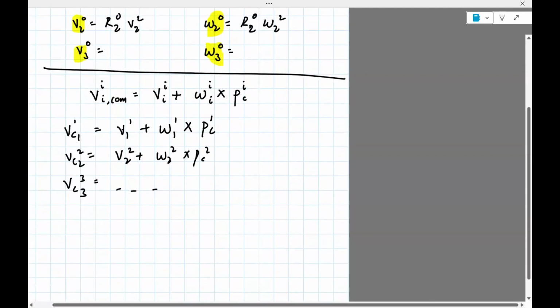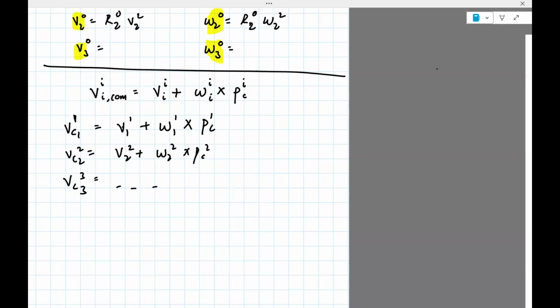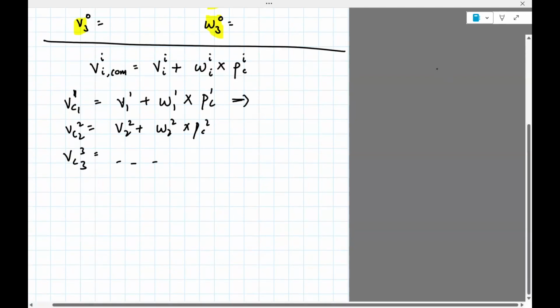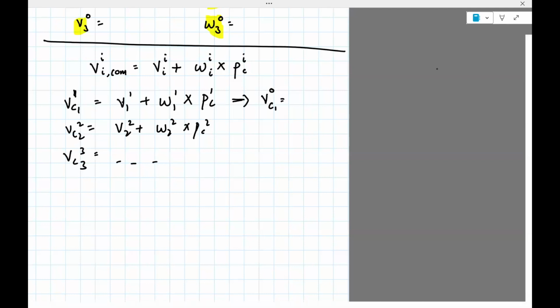It should be very straightforward. Okay, but this is giving you velocities in frames 1, 2, and 3. In order to find the velocity in frame 0, you finally have to do VC10 is R10 VC11, VC2 in frame 0 would be R20 VC22, and then VC3, you can write it down.